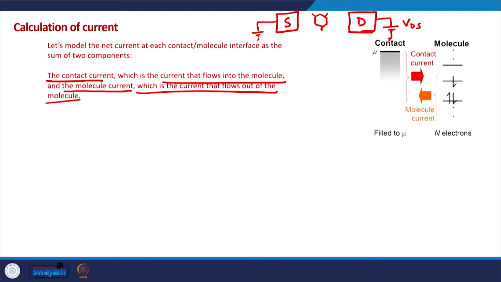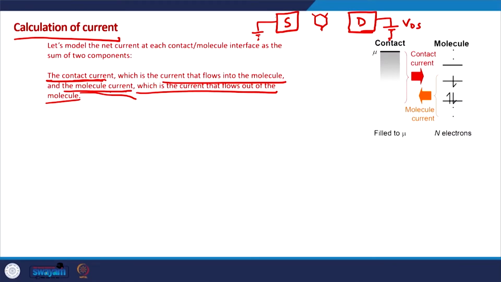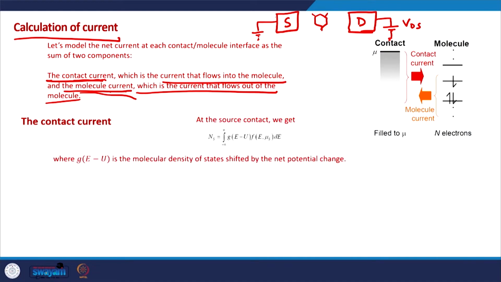The reason that we are dividing the current in the system in two components, the contact current and the molecule current, is that the contact current depends on the occupancy of energy levels in the contacts. It depends on the number of electrons in the contacts, and the molecule current depends on the number of electrons in the molecules. So that's why we have divided the total current in these two components. The contact current depends on the Fermi functions of the contacts.